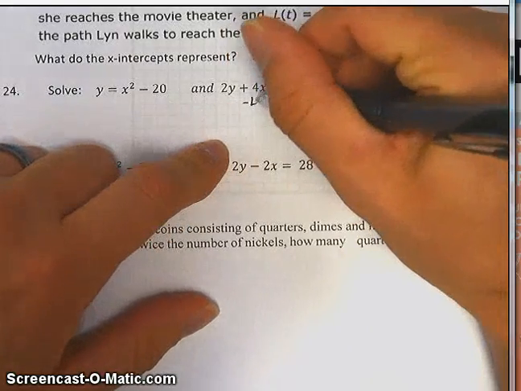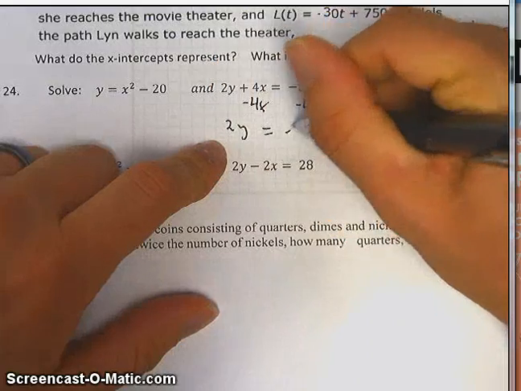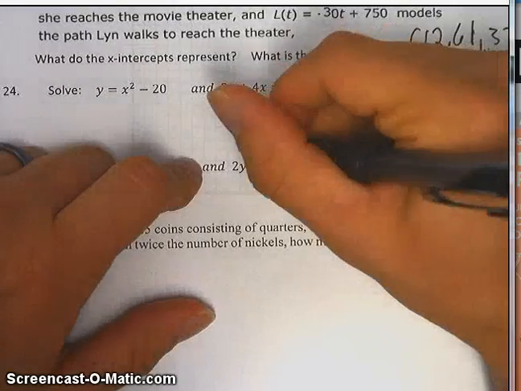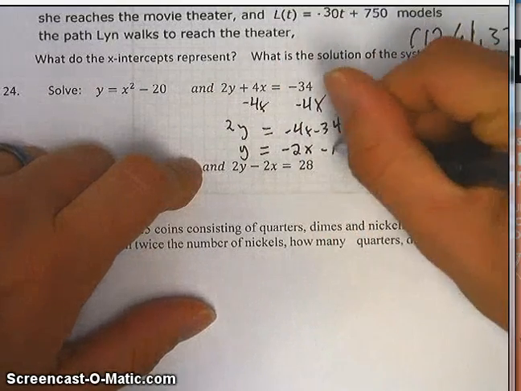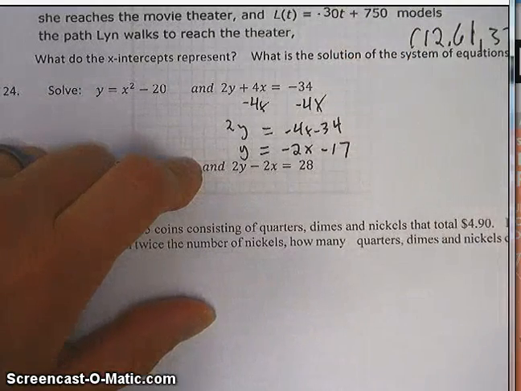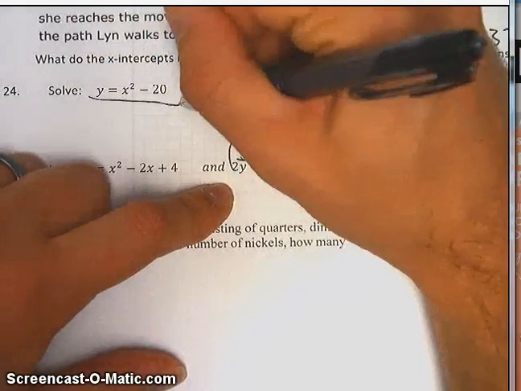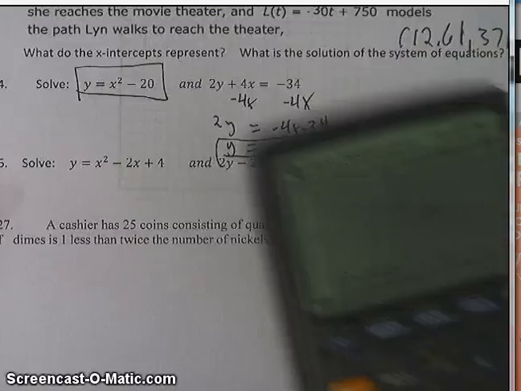So I'm going to subtract the 4x. I'm going to have 2y equals negative 4x minus 34. And then I'm going to divide by 2 to get y equals negative 2x minus 17.